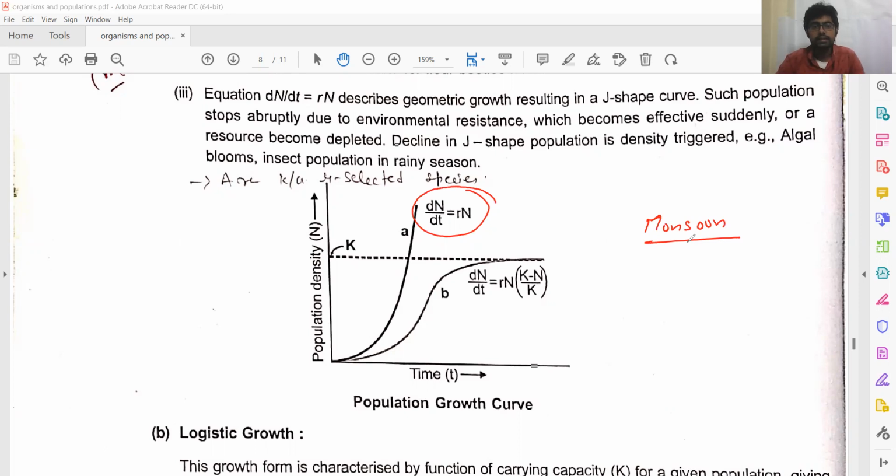And in this extreme availability of food, when food is not a factor of resistance for the population growth in case of insects, they just grow, grow, grow, and suddenly when the resources become depleted, it means that when monsoon is over, now winter is approaching.